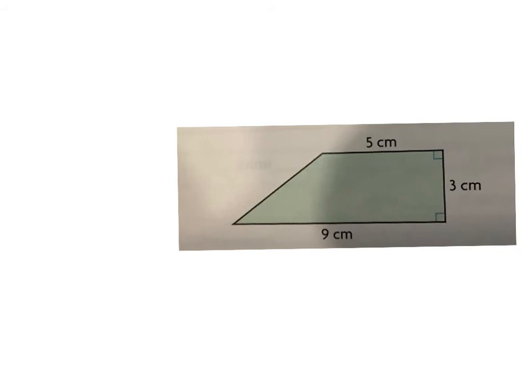Here I have a trapezoid that has a base 1 of 9, a base 2 of 5, and a height of 3. Now, if I took this twin and flipped it over to the other side, it'll look like this. So now I have this rectangle, length times width, right, for the area. Base times height, same thing, right? So we'll just say area equals base times height, or length times width, since it's a rectangle. They are going to give me the same thing.